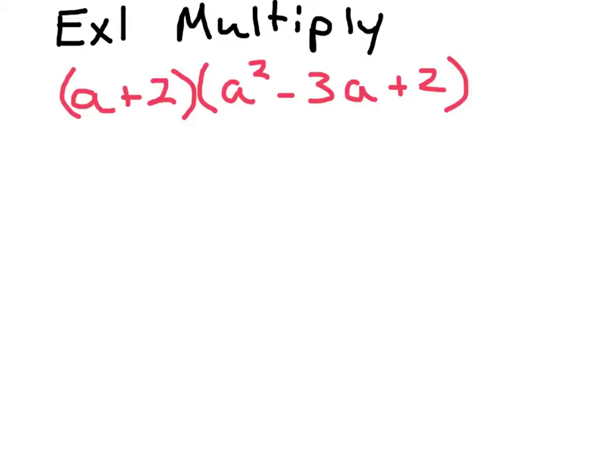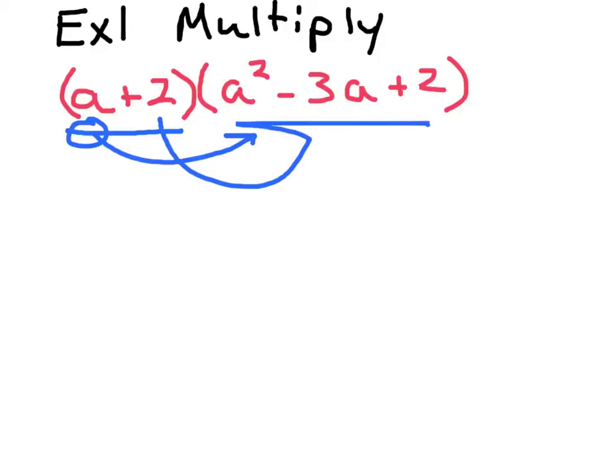It just doesn't work. So what you have to do is take a look at the binomial. We're going to take the first term times this whole trinomial. Then we're going to take the second term times this whole trinomial. So the first term in the binomial is a.